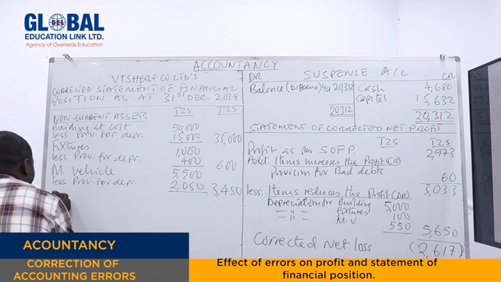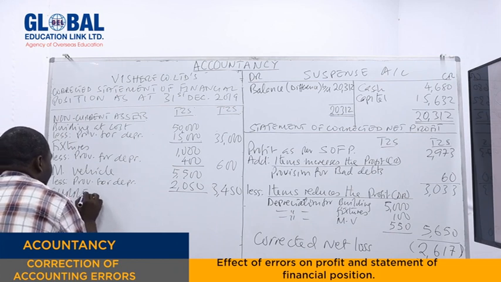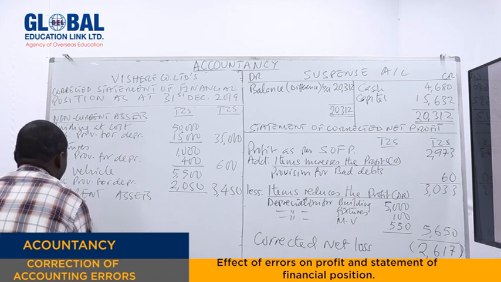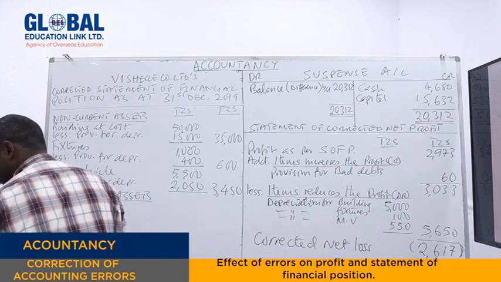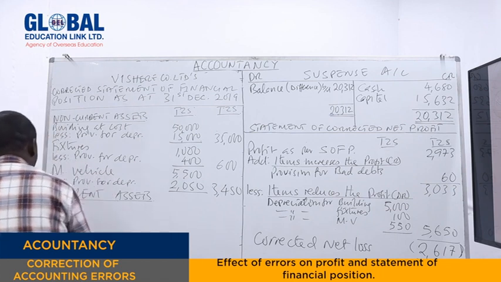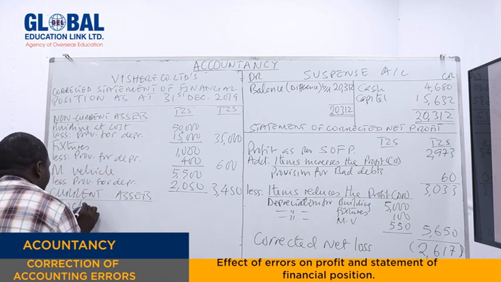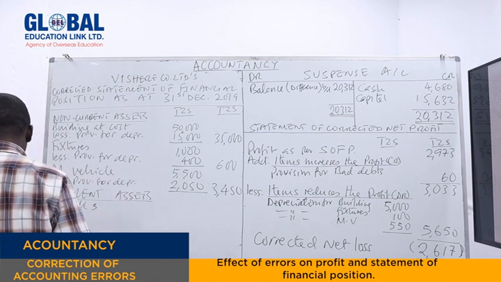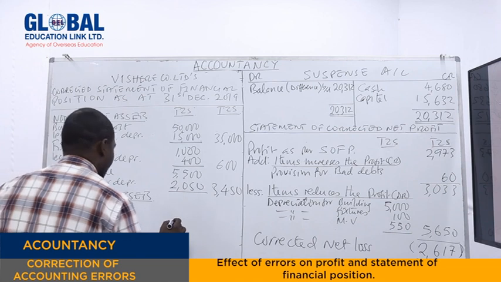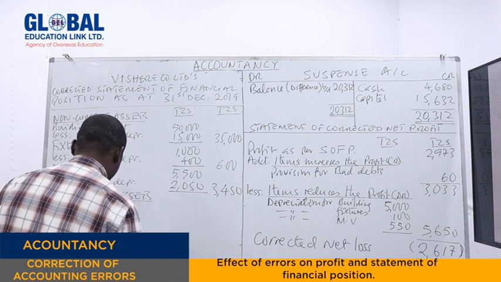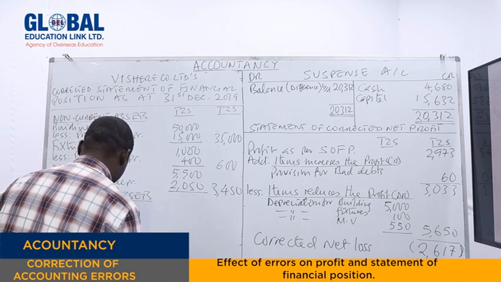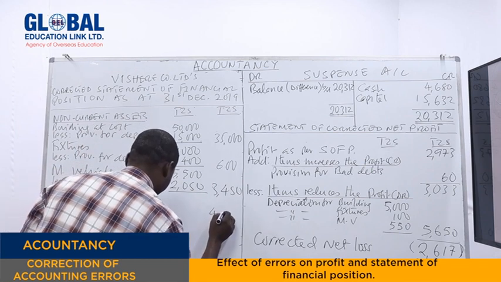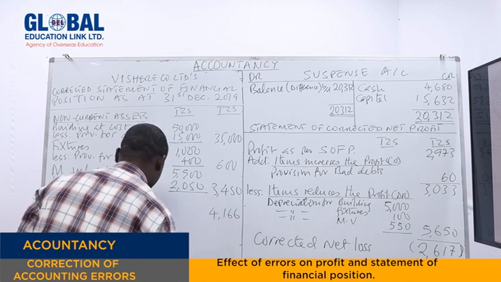We go to current assets. In our current assets, we have stock. In the stock, there was no correction. Stocks, we have how much? Stock, yes, 4,166.